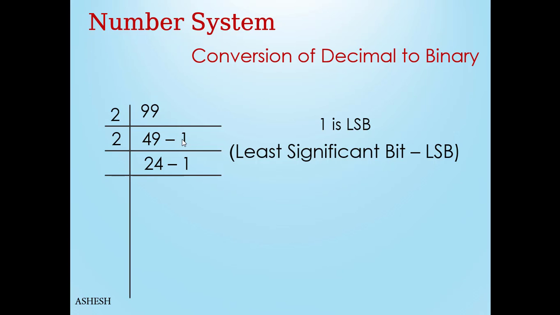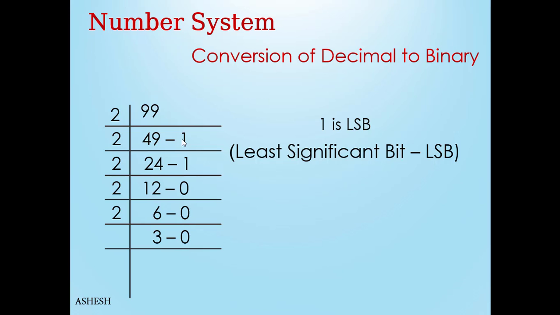Again 24 divided by 2, the quotient is 12 and the remainder is 0. 12 divided by 2, the quotient is 6 and the remainder is 0. 6 divided by 2, the quotient is 3 and the remainder is 0. Again 3 divided by 2, the quotient is 1 and the remainder is 1.